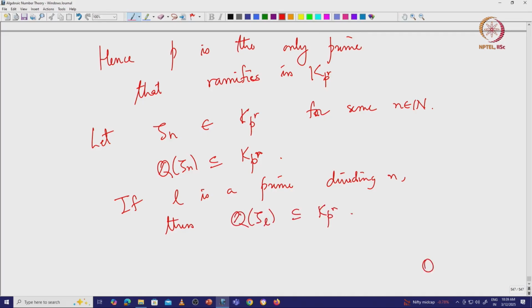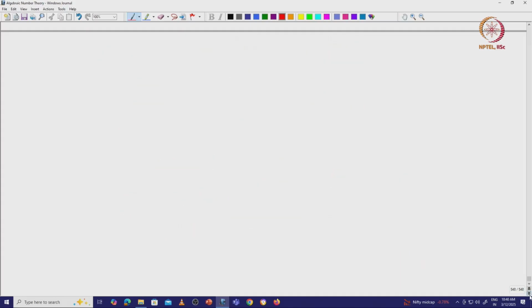So, if I want to draw a picture, it will be something like this, Q(zeta_{p^r}) and then Q(zeta_L) here, and then it is contained in here, right. But I know that the only prime that ramifies in, okay, L is the only prime that ramifies in Q(zeta_L), okay.